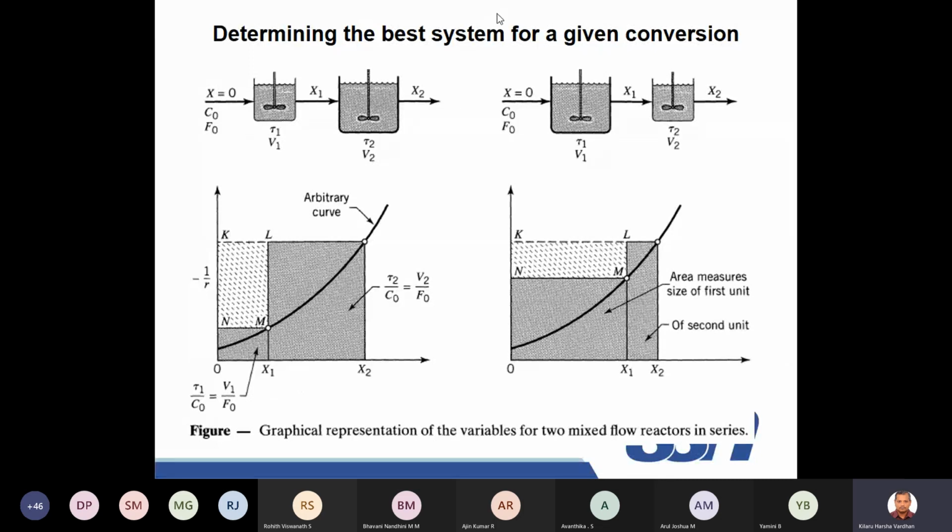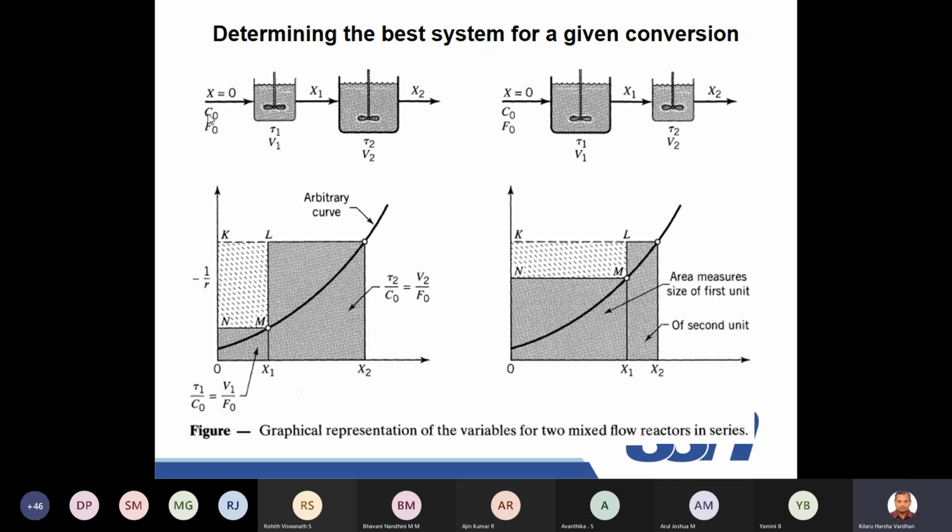I'm comparing two cases here. Case one: I need to have a conversion of X2. I'm having two reactors, one small CSTR and one big CSTR. Let the initial conversion to the first reactor be 0.